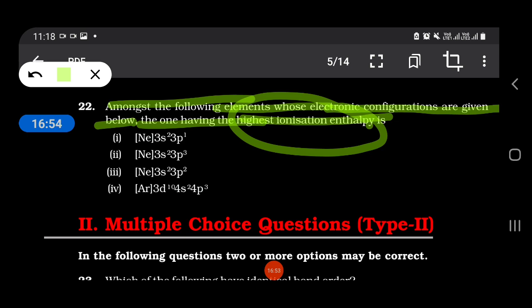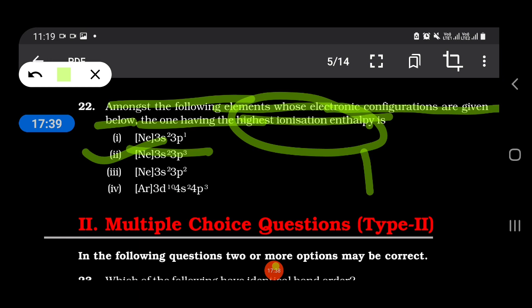When the electron is near the nucleus, it is more, and when the electron is far away from the nucleus, it is less, because the nucleus attracts that electron with less attraction. When it is closer to the nucleus, it is more attracted, just as parents have control over their children, similarly the nucleus has control over electrons. So we can say that an electron far from the nucleus is very easy to remove, but one close to the nucleus is a little harder to remove. So the one having the highest ionization enthalpy is this one.